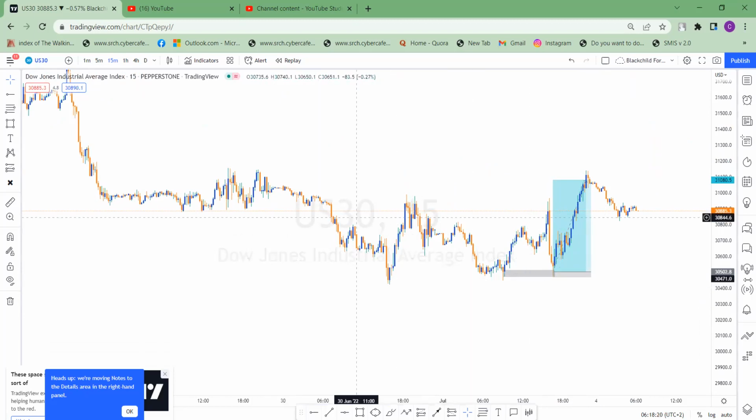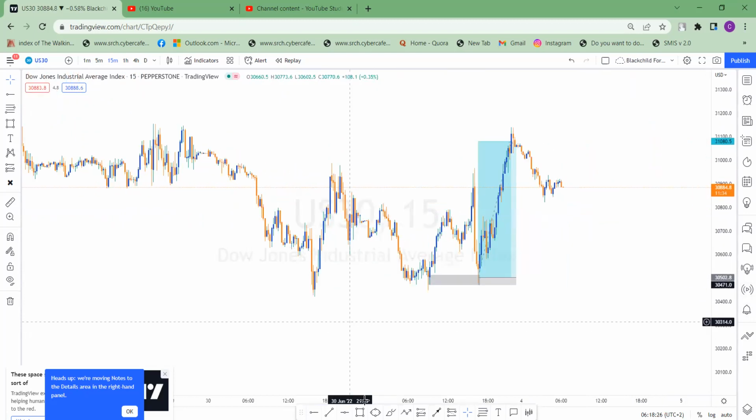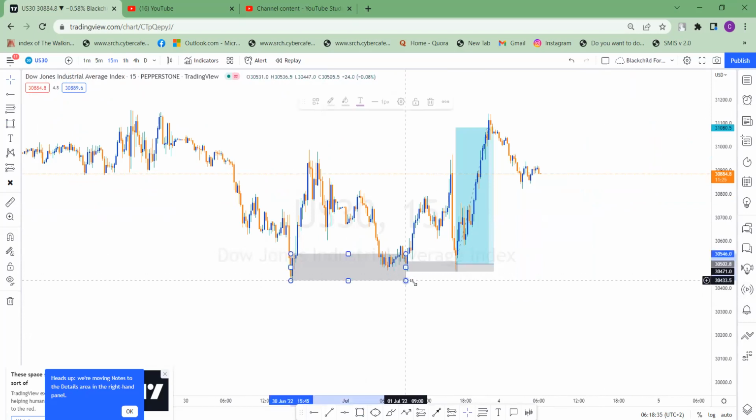So let's also look at the same example, but in a different aspect. Let's say this is your point of interest, right? Probably it should be up to down here.